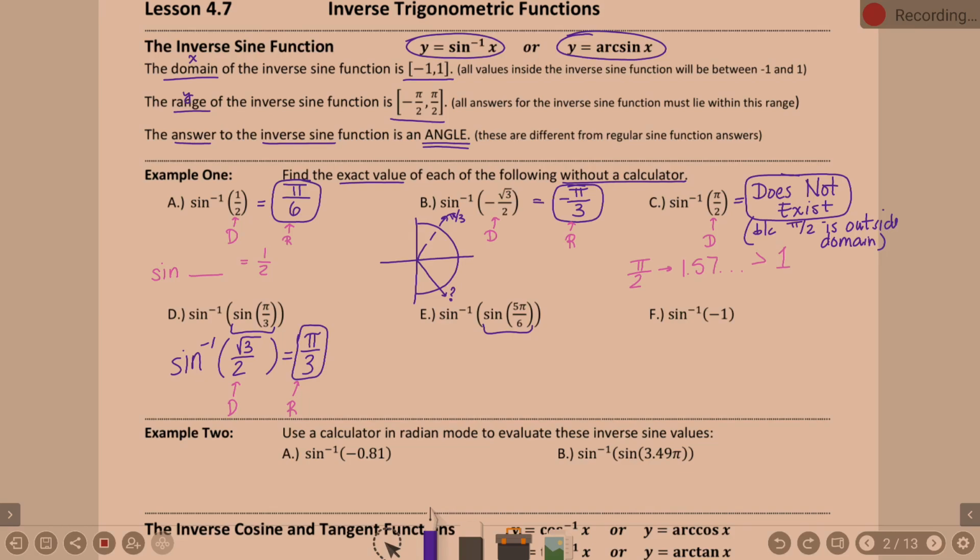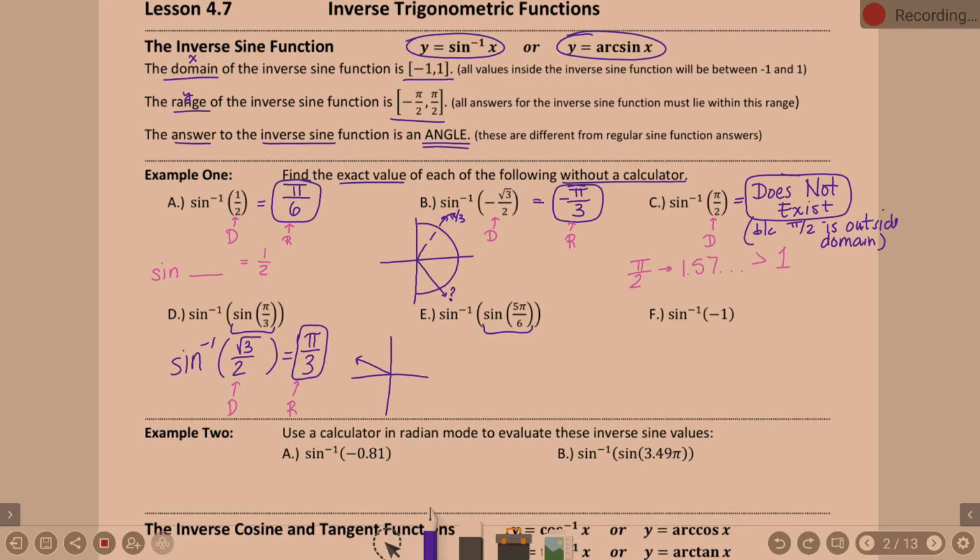Now, where is 5 pi over 6? Second quadrant. Yeah, okay. 5 pi over 6 is over here, isn't it? Okay, it's in quadrant 2.